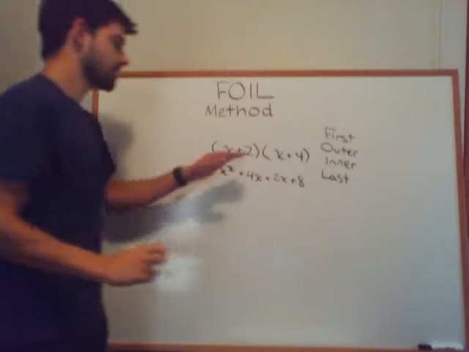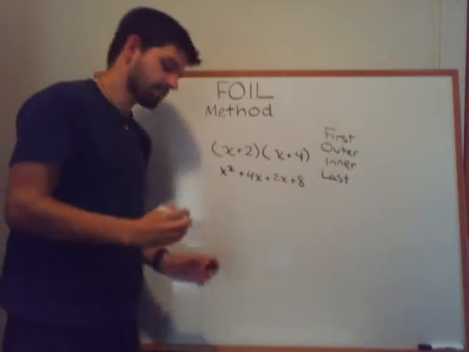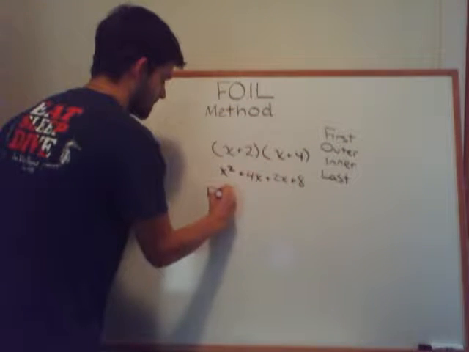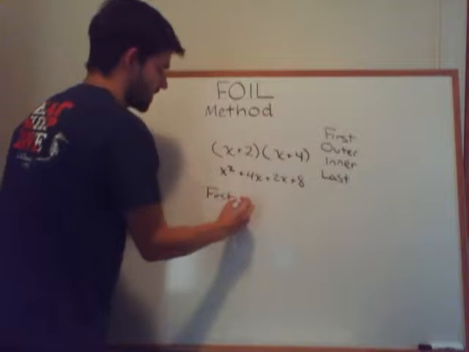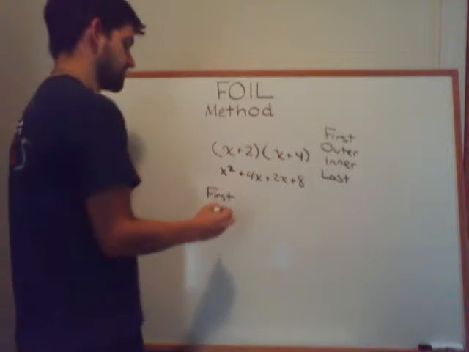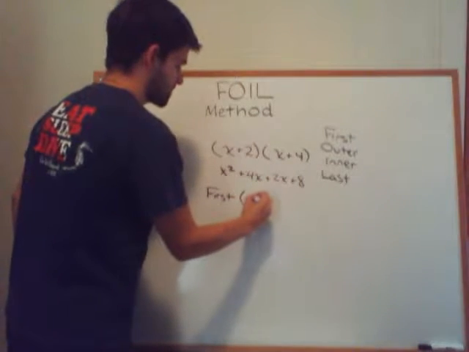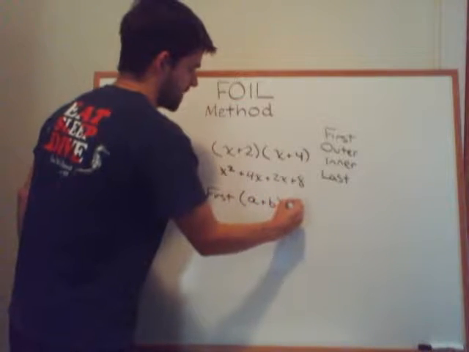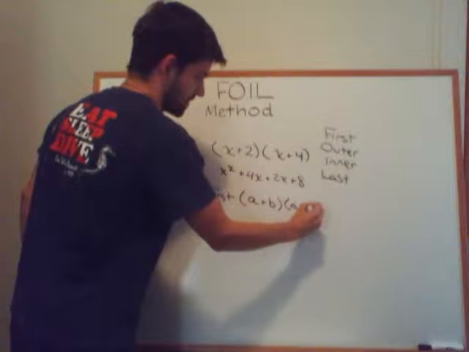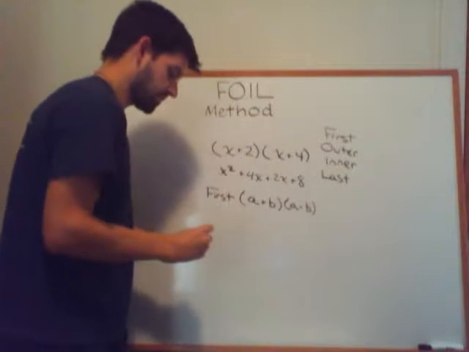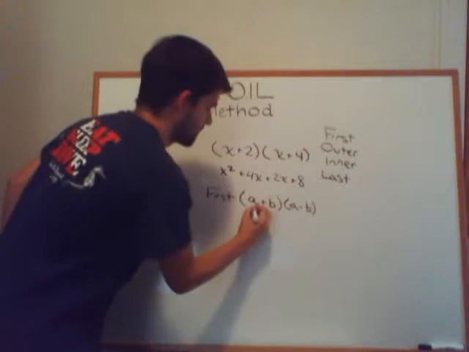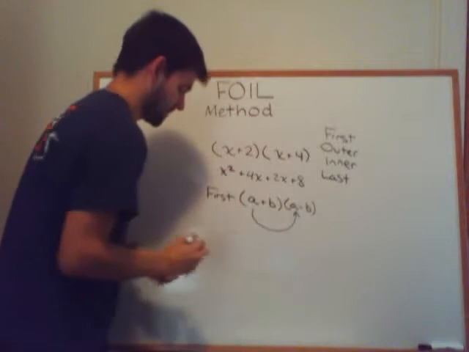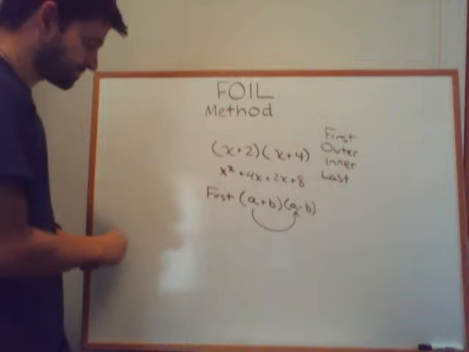Now before we go ahead and expand these out, I'm going to show you exactly what each of those parts means. So the first, it basically is what it sounds like. It's the first part of your binomial expression. So if you have a plus b, a minus b as an example, your first are going to be the first parts of your binomial expression.